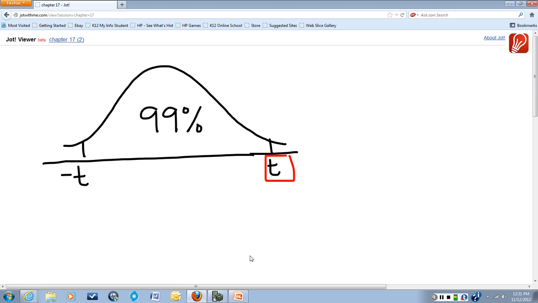Well, that leaves 1% for the tails. That means we have 0.5% in that tail. So if we have 1%, we have 0.5% for each tail.